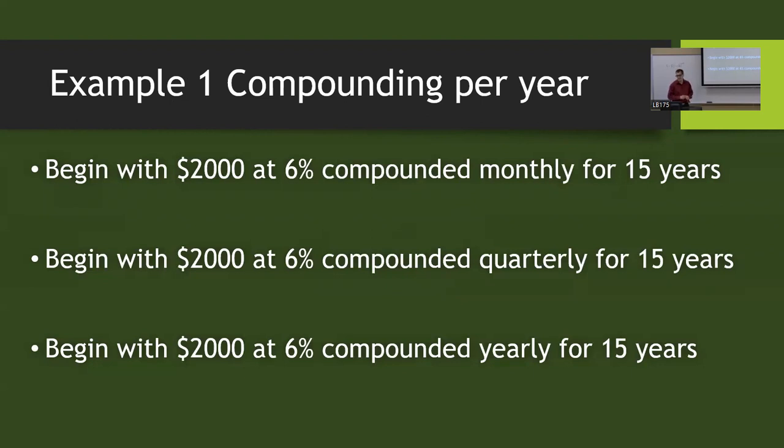Let's do compounding monthly and then compounding quarterly. But we're gonna start with the same principal in both cases. And we're gonna have the same interest rate in both cases. We're gonna have the same time in both cases. So we're gonna take the principal of 2,000.